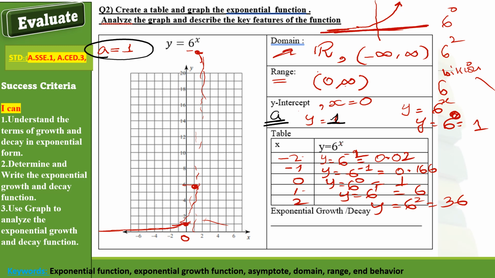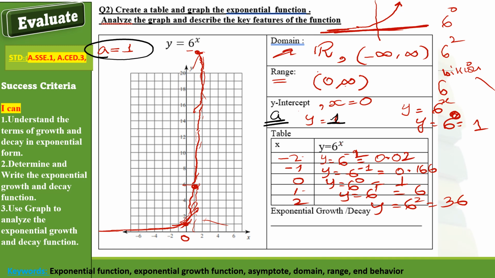So what you have to do is make a smooth curve by connecting all the points. I cannot make it very nicely, but you connect them with a smooth curve because I am using this pen which doesn't let me do it on the graph. That is it. So make a graph and extend it, but don't touch the x-axis.